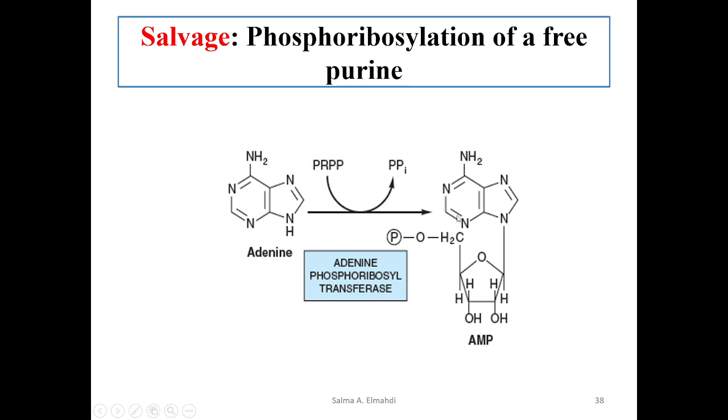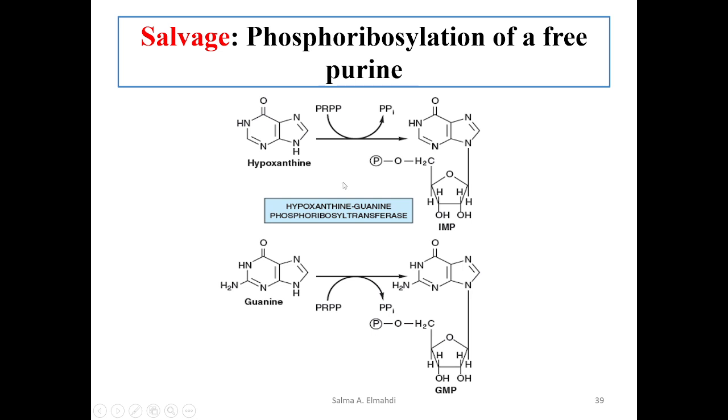Phosphoribose moiety will be added to form AMP. And this is hypoxanthine guanine phosphoribosyl transferase, catalyzing the conversion of hypoxanthine to inosine monophosphate and guanine to guanosine monophosphate.